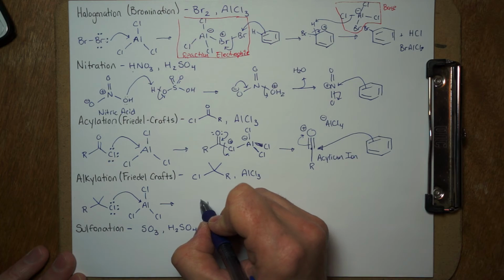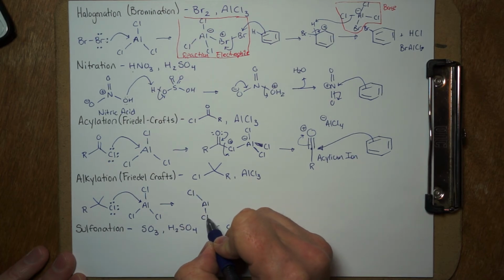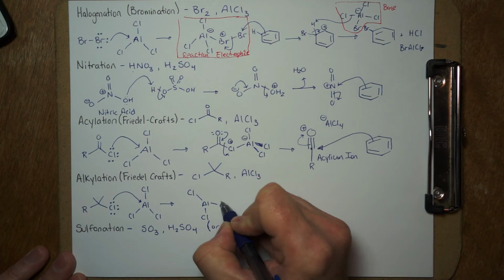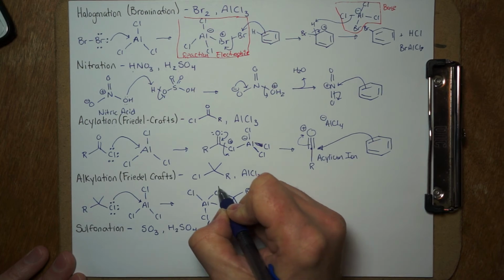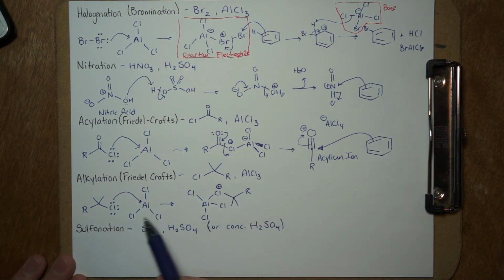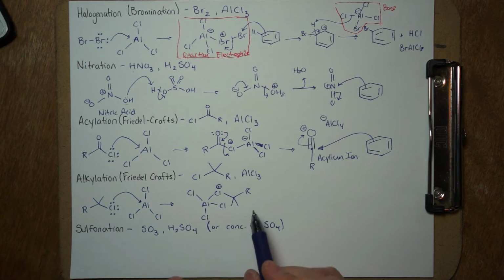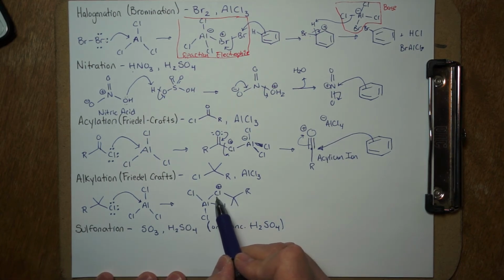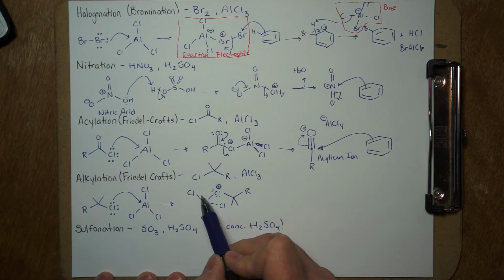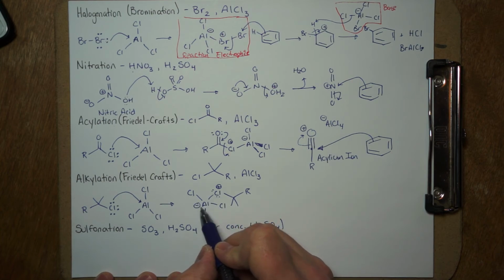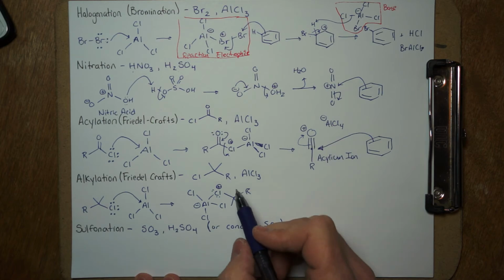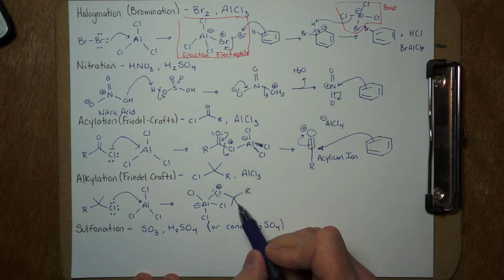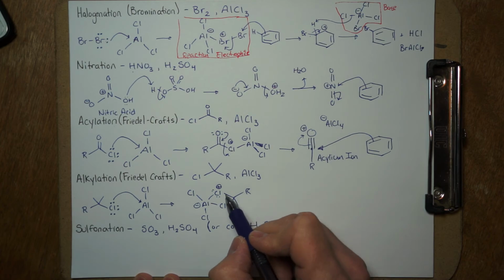Gotta move things around here. All right, so just note that I kind of rearrange things, turn things around. So the chlorine that we added here, now with only two pairs of electrons, and the aluminum gets a positive charge, and the aluminum would get a negative charge, right? And so this is the interesting thing about alkylation, and one thing that we have to really pay attention to: the electrophile in alkylation is just a carbocation.